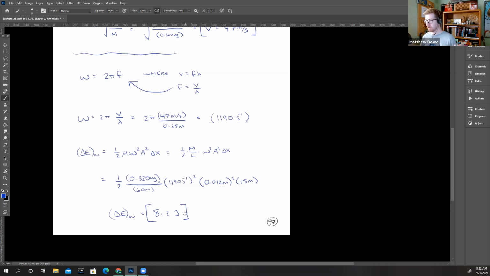Can my building or pier or whatever withstand this amount of energy being delivered to its structure? This energy has to go somewhere, and if it's brought to this border, it has to then be dissipated somehow. All right, so that was the example for this section.